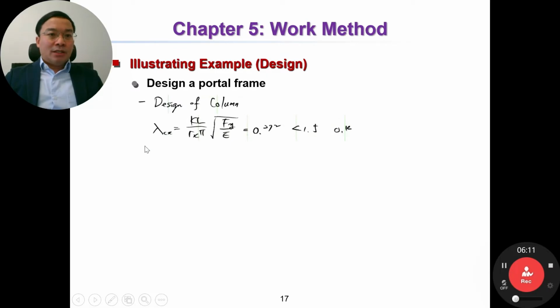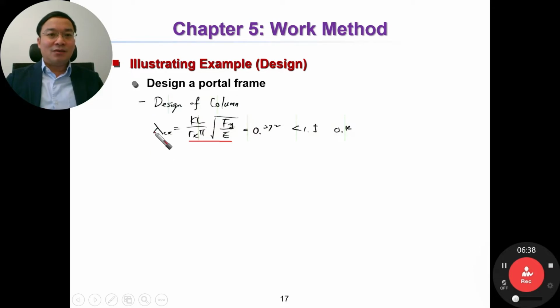We check the slenderness ratio lambda cx equal to this equation, and I also already explained this equation. If you don't understand the meaning of this equation, please go back to the previous lecture.